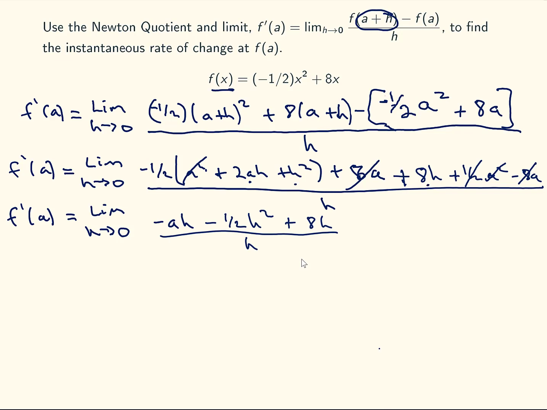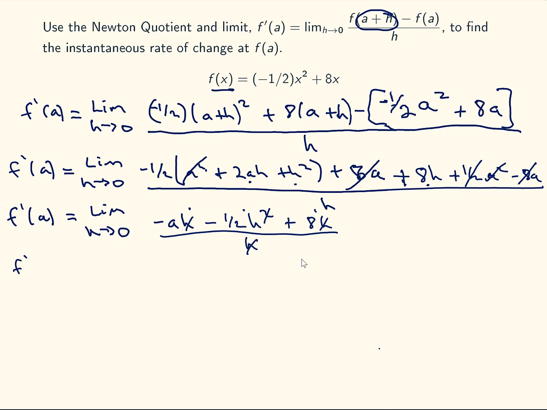1, 2, 3, 1, 2, 3. So we had 3 terms in the previous line in the numerator, and 3 terms in the numerator on the next line, so unlikely to have made a mistake. Now what about this h in the denominator? We can cancel out the h's, or really it's h divided by h equals 1.